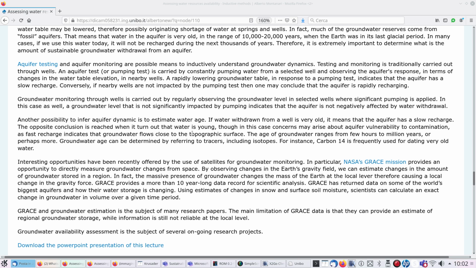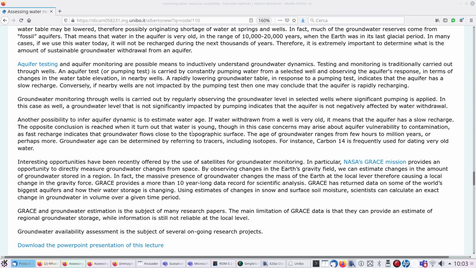Still, it doesn't give a final answer, because the fact that an aquifer has very old water doesn't mean that it takes long to recharge. It may just mean that water is stored there since a long time because nobody used it, but still maybe the recharge doesn't take as much time as the water age.